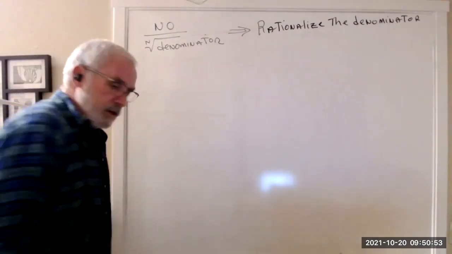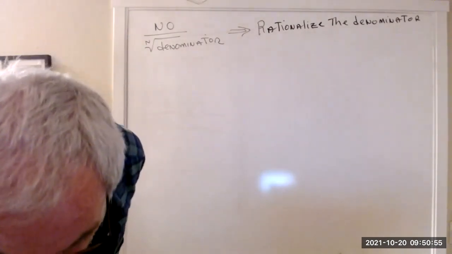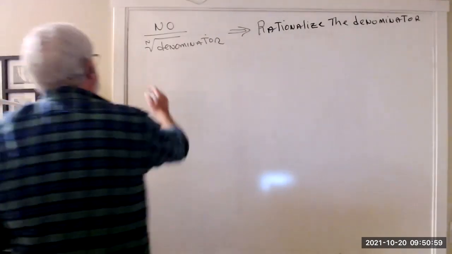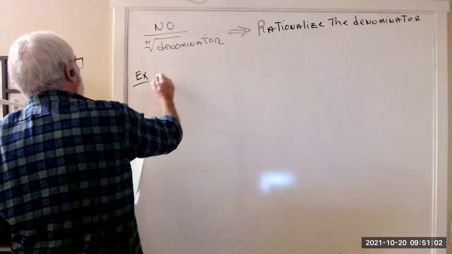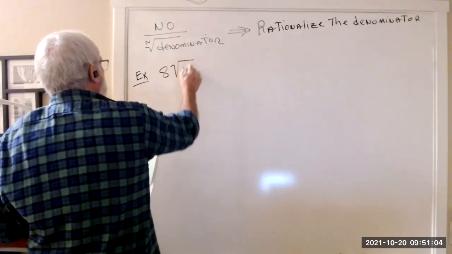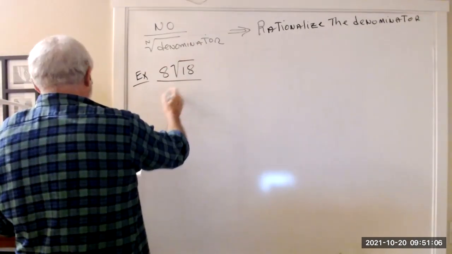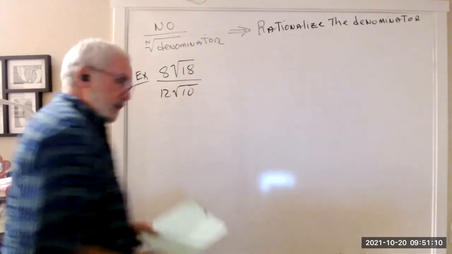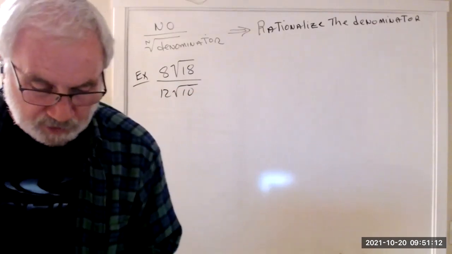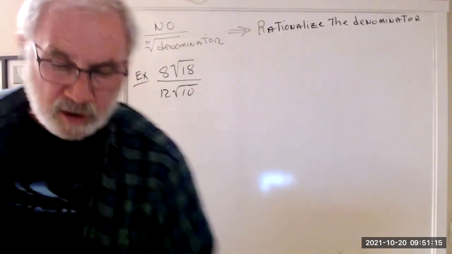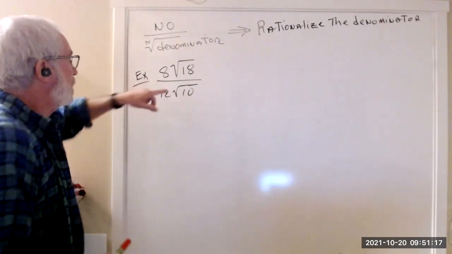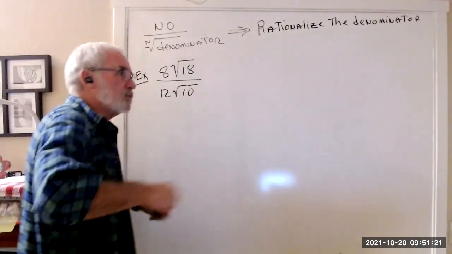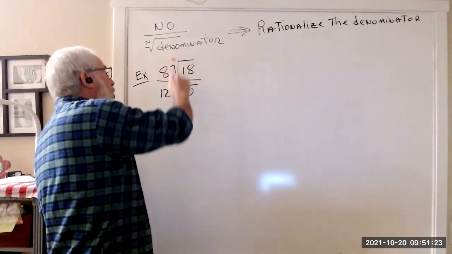The first one that I want to do as a reminder is, just to review, 8 radical 18 over 12 radical 10. Now, when I say radical, one of the things you guys need to know is that when we write a radical with no index, it's assumed to be a square root.